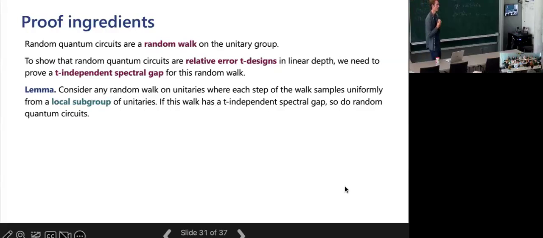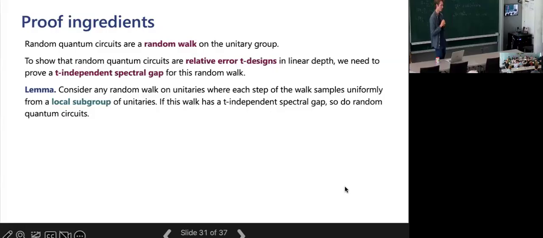Okay. So the steps are elements from this local subgroup, which generates this Cayley graph on the entire unitary group. I mean, it's not going to be a discrete set, so it's not like a graph, but it's sort of like a continuous graph. Yeah.